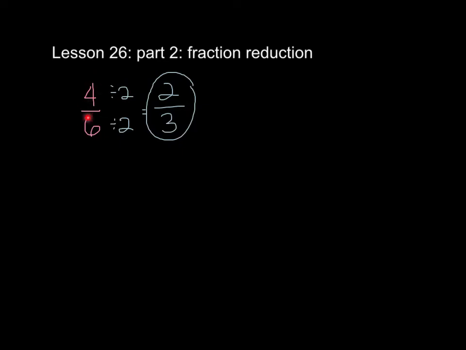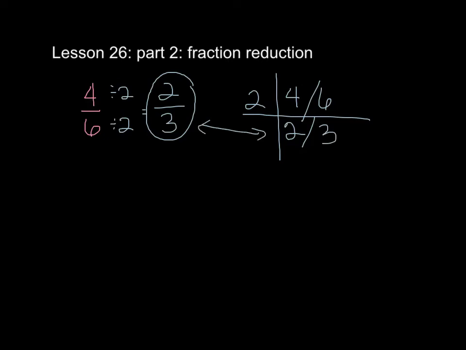If you take the numbers 4/6 and you put 4/6 on the line of the ladder, and then you divide numbers that go into both of them. 2 goes into 4 twice, and 2 goes into 6 3 times. You are going to get the fraction 2/3.